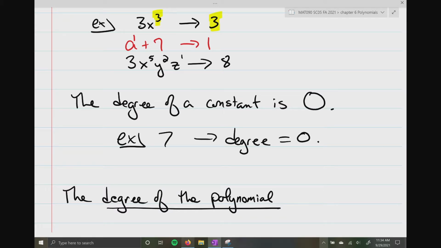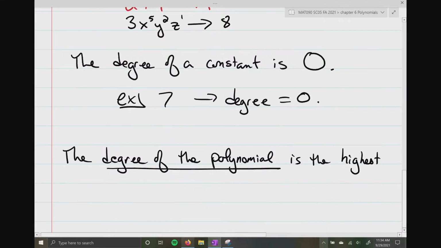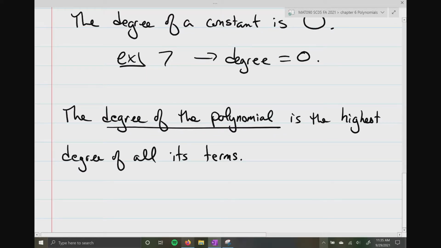So the degree of a polynomial is the highest degree of all its terms. Okay, it's the highest degree of all of its terms. So let me show you an example because I want to make sure we understand the difference.